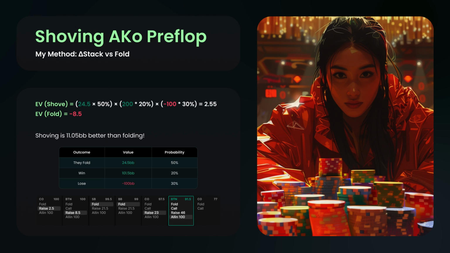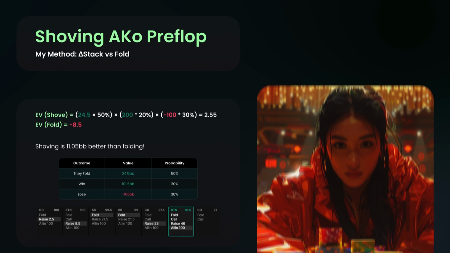Because remember, this is what we 3-bet. This is how much we lose if we fold. And therefore, shoving is 11.05 big blinds better than folding, right? So regardless of whether you use fold equals 0 or expected change to stack, you're always going to find that shoving is this much better than folding.